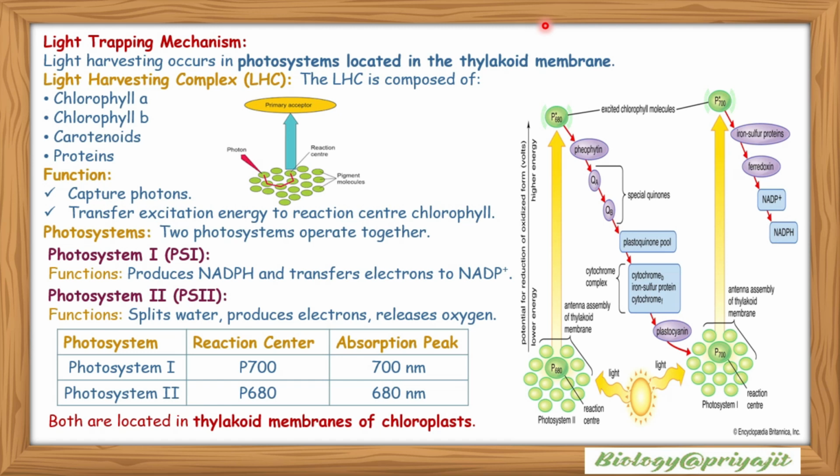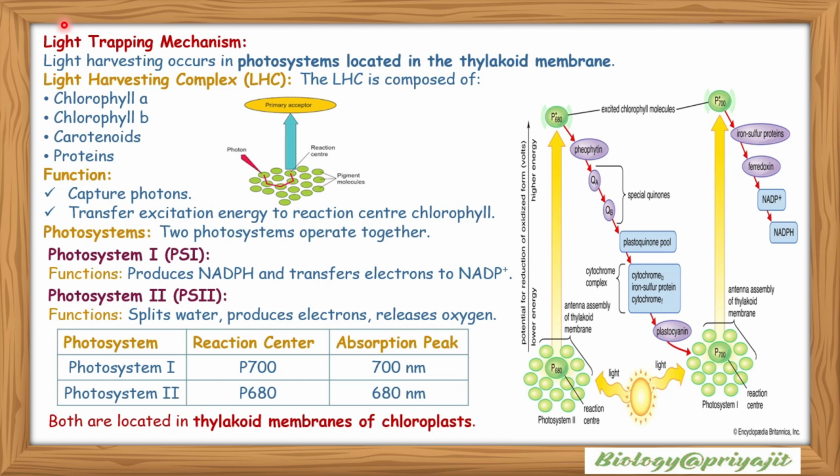Photosystem 2 splits water molecules, releasing oxygen, electrons and protons. Electrons then pass through an electron transport chain to photosystem 1. Light harvesting complex or LHC is composed of chlorophyll A, chlorophyll B, carotenoids and proteins. Its function is to capture photons and then transfer excitation energy to reaction center chlorophyll.